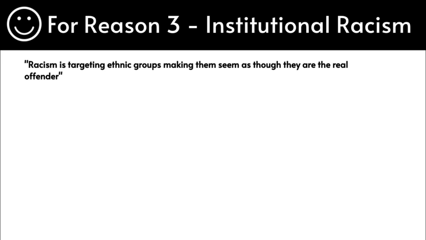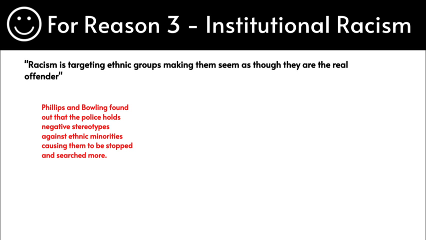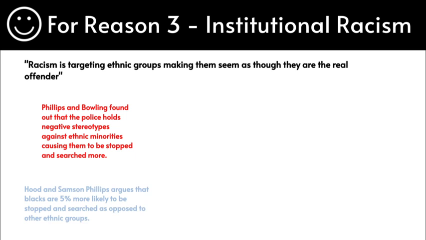This supports the statement. Philip and Bowling are sociologists, and they found that the police hold negative stereotypes against particular ethnic minorities. As a result, those ethnic groups, for example Black and Asian, are stopped and searched more by the police.